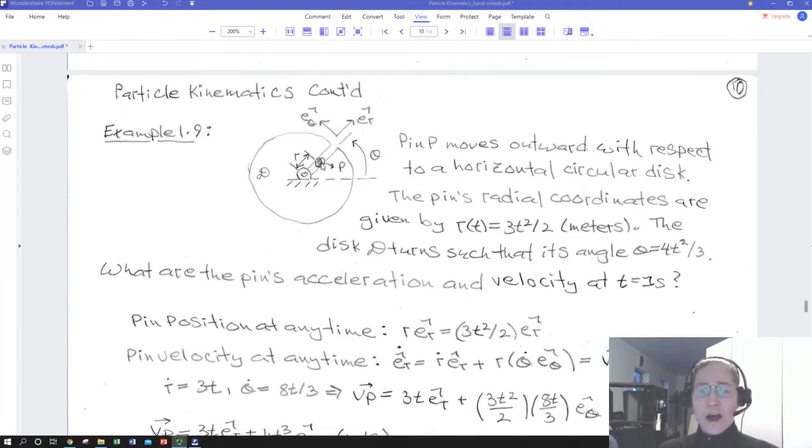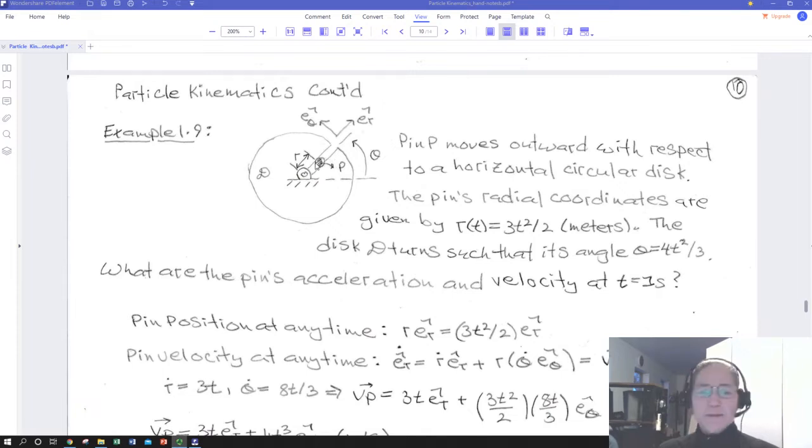And there's a rod or maybe even a sphere that's sitting in the slot, and it can slide. As the rod turns, so as theta increases with time, this rod P is going to move outward in the slot. So it's radial movement in the slot.